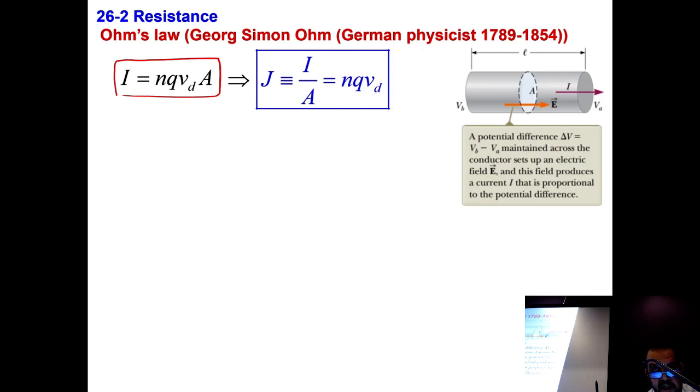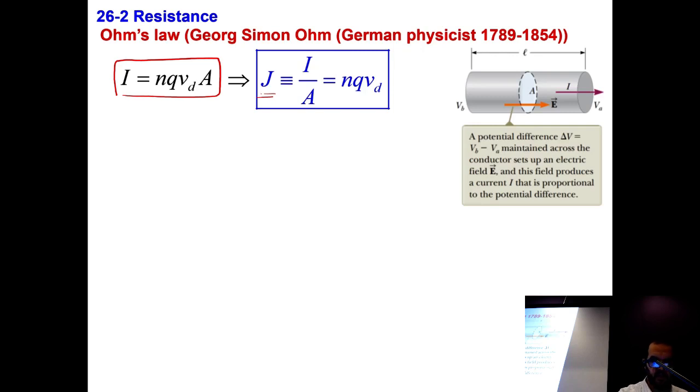Now, if we divide this by the area of the conductor, we get a nice equation which says the current density is nQVd. It's equal to the number of free charges per unit volume, times the charge of each of these free charges, times the drift speed of these charges.